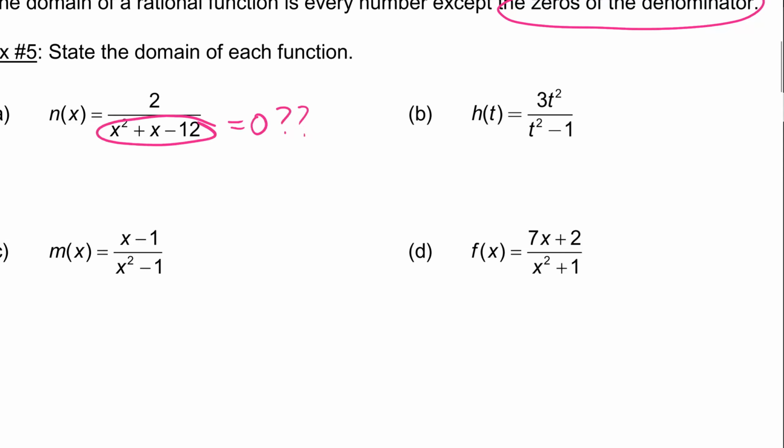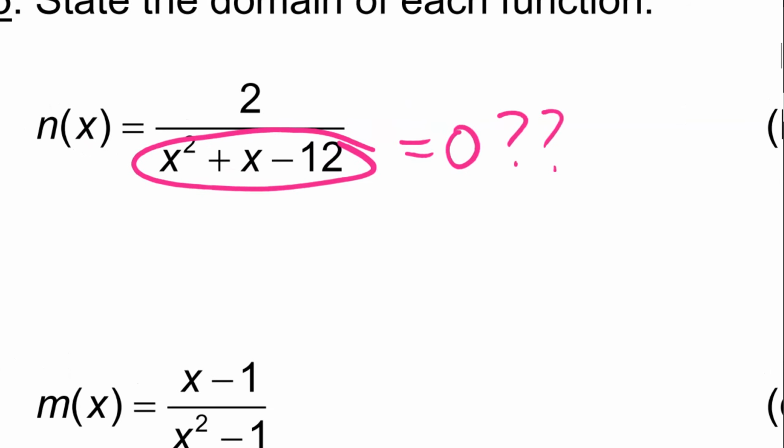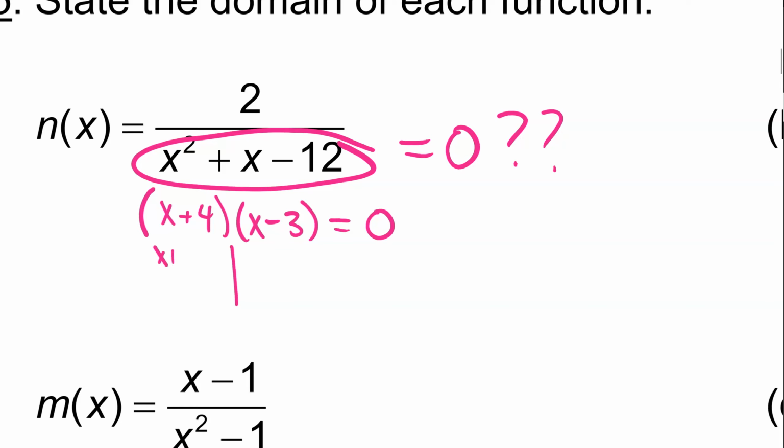So think about how you would solve this. How do I find where this function equals 0? Factor. Exactly. So x plus 4 times x minus 3 is equal to the quadratic above, and then you set each factor equal to 0.